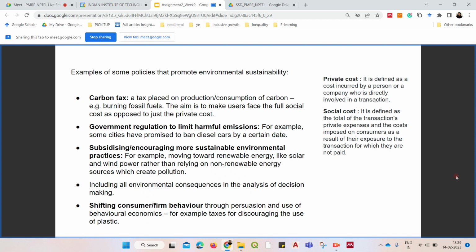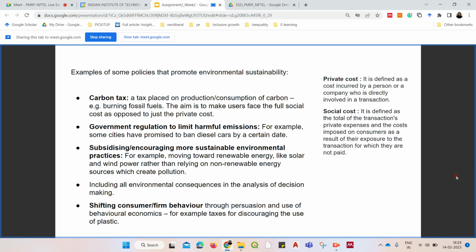So for example, if you burn fossil fuels, you are generating a lot of carbon dioxide which is released into the environment. So why we introduce such taxes is to make the users face the full social cost of performing that activity, as opposed to just the private cost that is incurred by them in doing that activity.